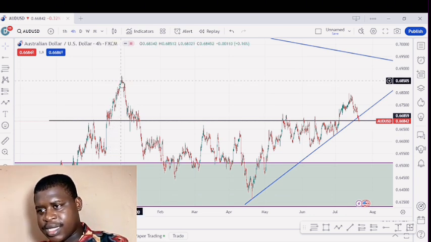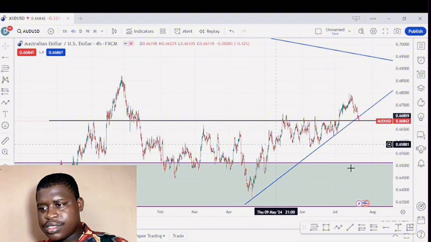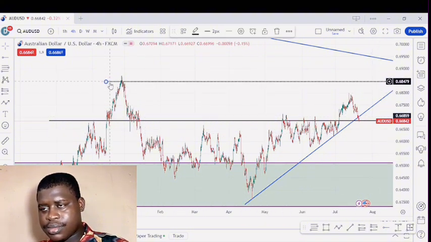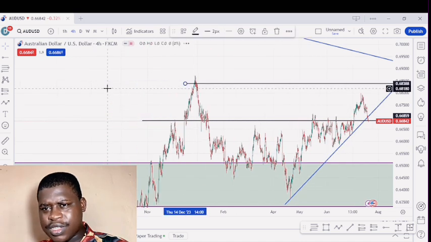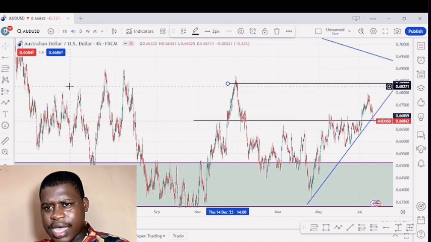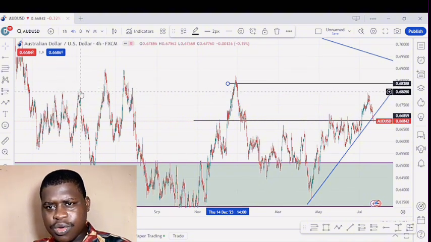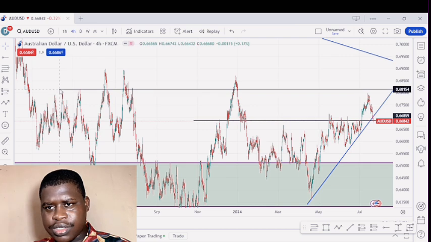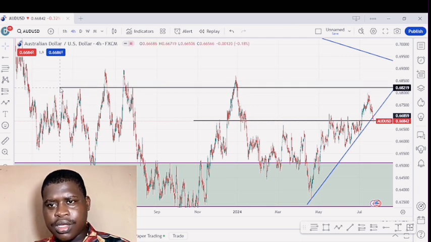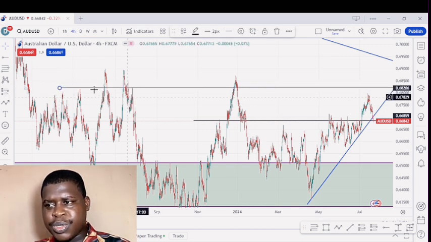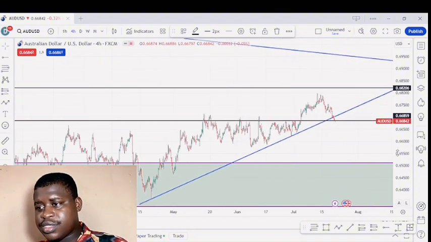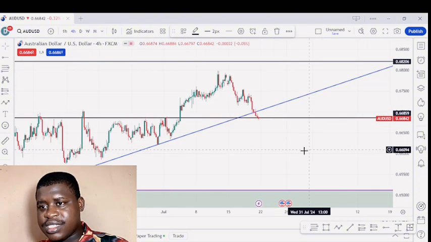Yes, I did this analysis, which I said it will come here, but to be realistic, this is what I used to guide my TP. I use these wicks of the candle to guide my TP.